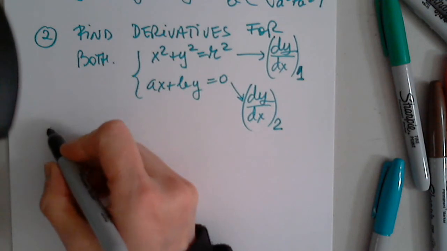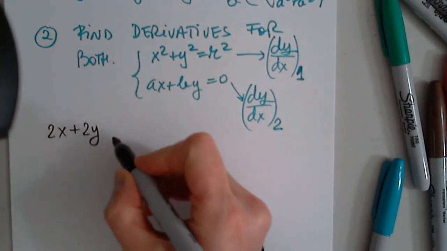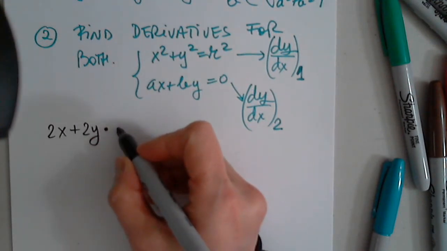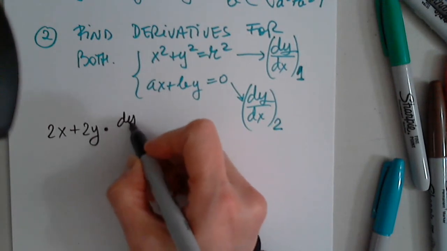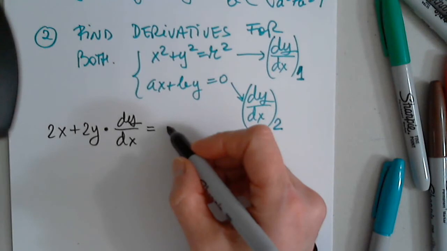So it would be 2x plus 2y times, would it be dy over dx? Well done. Equals? Would it be 2r?